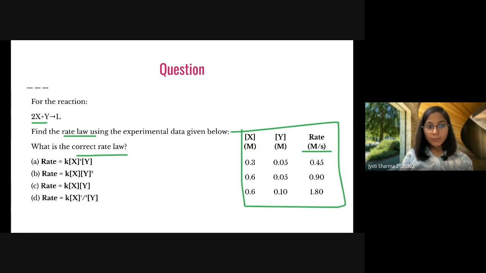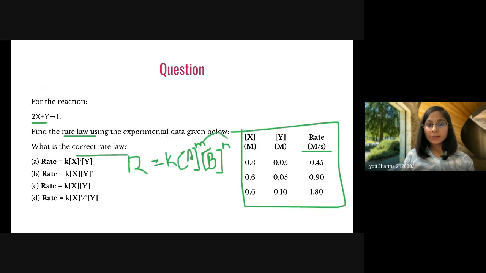But here, as I told you, the rate r is equal to nothing but k, let's say x here, and here it is y, raised to power m and n.